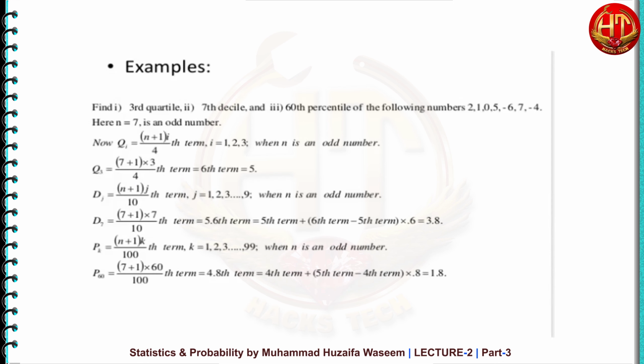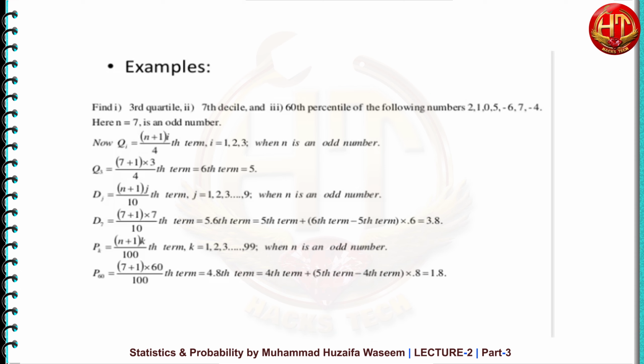Next example. Calculate the third quartile, 7th decile and 60th percentile of the following numbers. You can see that there are 7 observations in total, which is an odd number. So how can you calculate the third quartile?